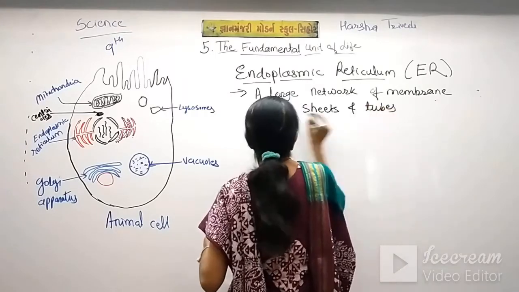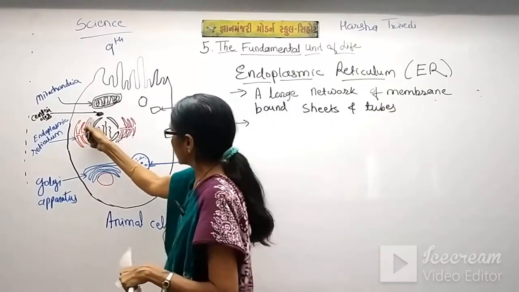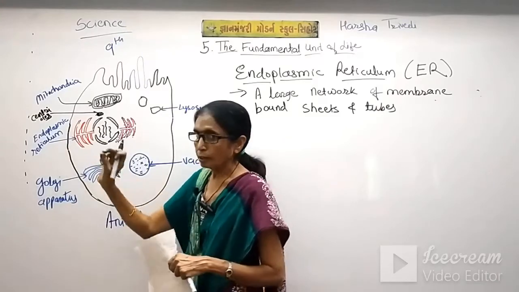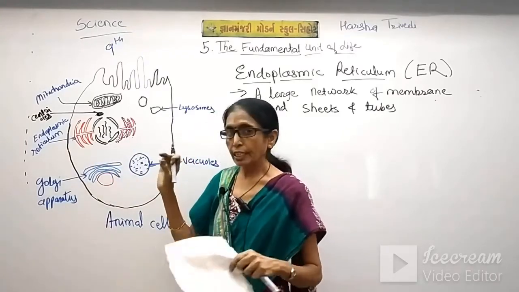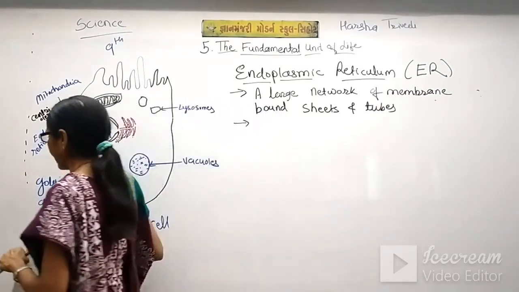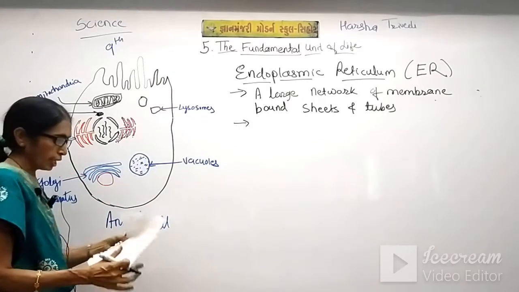These are the tubes and the middle one is the sheet. So it is a membrane bound organelle network having sheets and tubes.